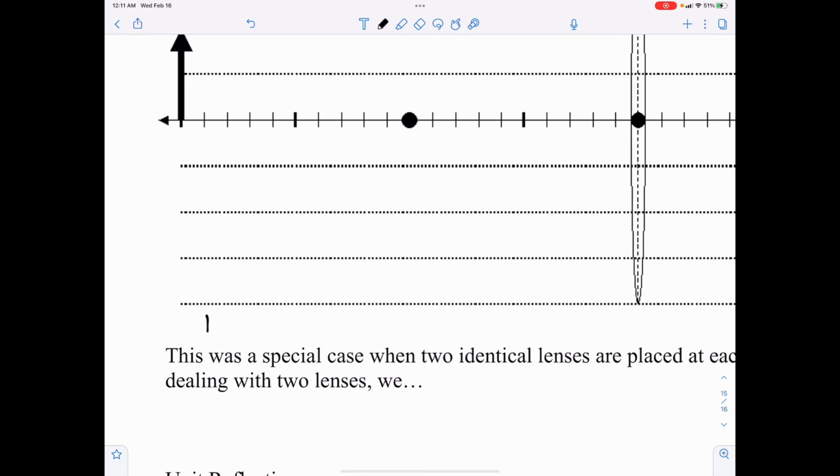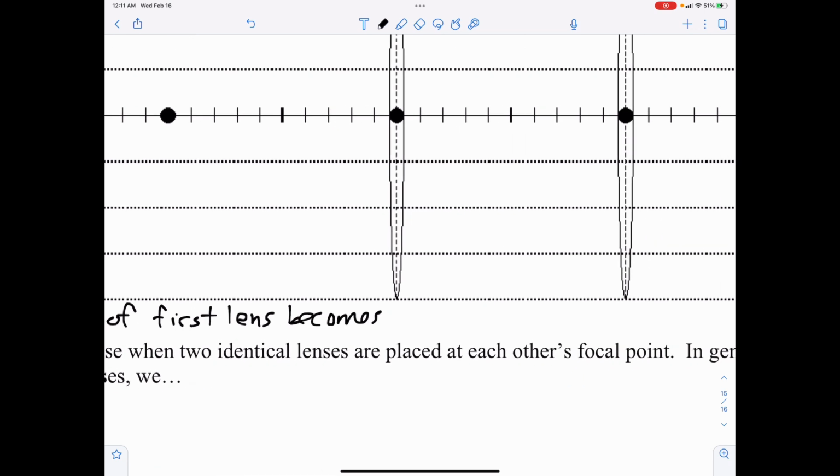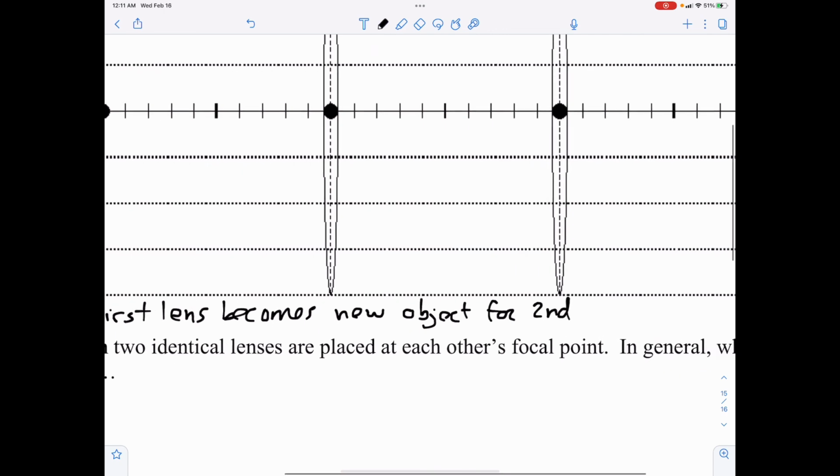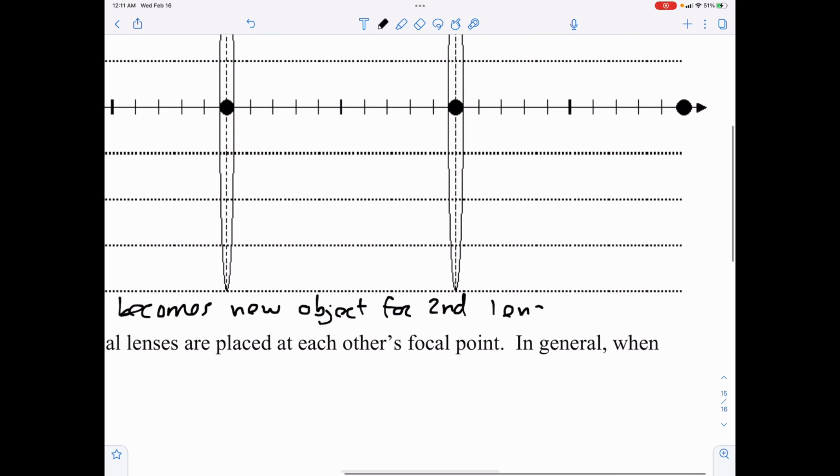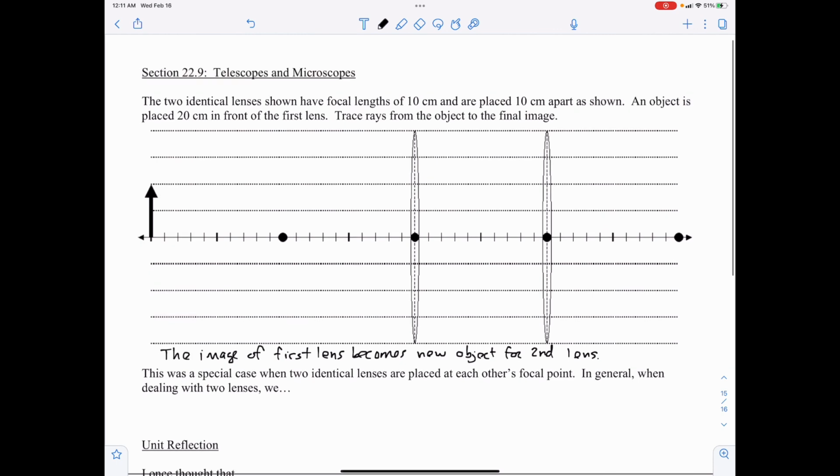The image of the first lens becomes the new object for the second lens. Let's see how that works.